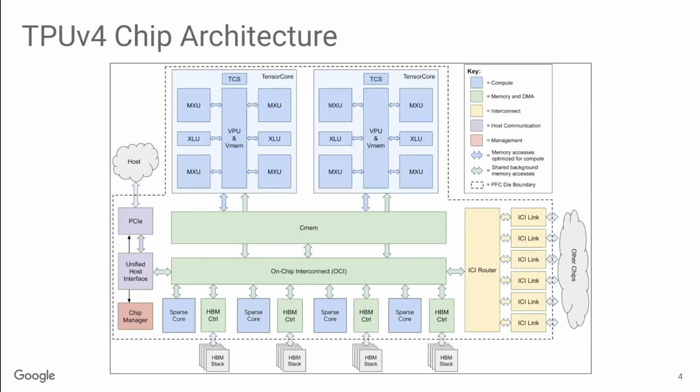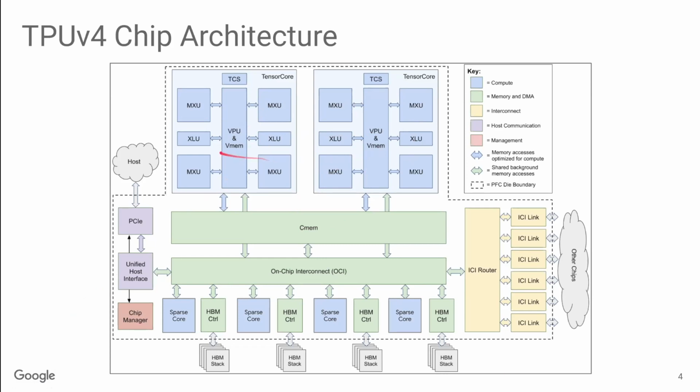Here's a block diagram. There are 2 tensor cores shown in blue up at the top. Sorry, let me turn my laser pointer on. 2 tensor cores, first one here, second one here, process the main bulk of the computation. There's a common memory, 128 megabytes of common memory that is used between the 2 tensor cores.